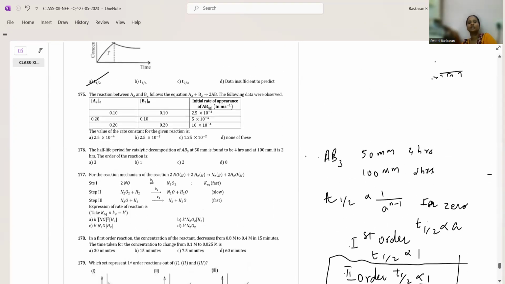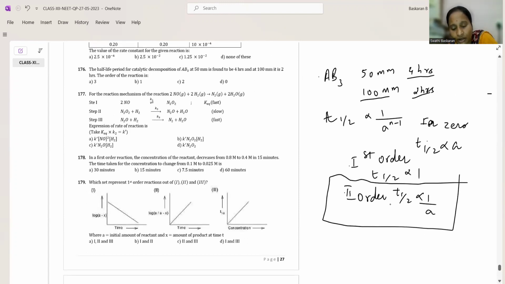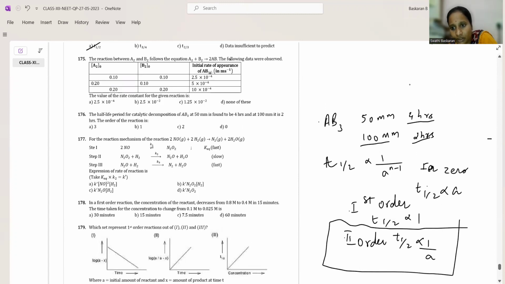So how do we solve? Look at this. If the initial concentration is 50 millimolar, the time taken, that is T half, is 4 hours, whereas when you increase the concentration, the time decreases. This relationship matches exactly with second order, correct? T half of 2 hours is decreased from the initial one, because in the first case, taking 50 mM, it is 4 hours, whereas in the second case, with 100 mM, you are increasing the concentration.